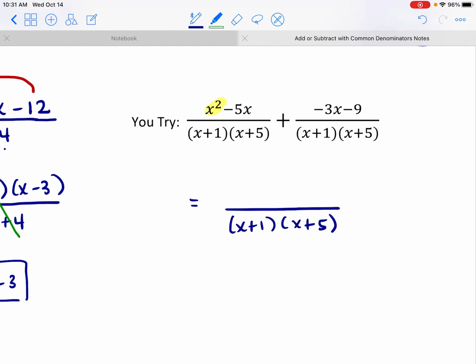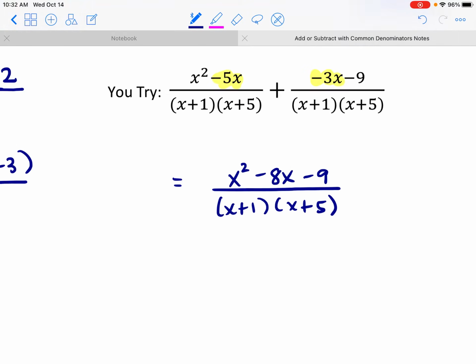So I have this x squared, nothing to combine with it, so x squared is going to come down. And then I have a negative 5x and a negative 3x, which are going to give me negative 8x altogether. And then I have a negative 9, nothing to combine with it, so that minus 9 is going to come down.